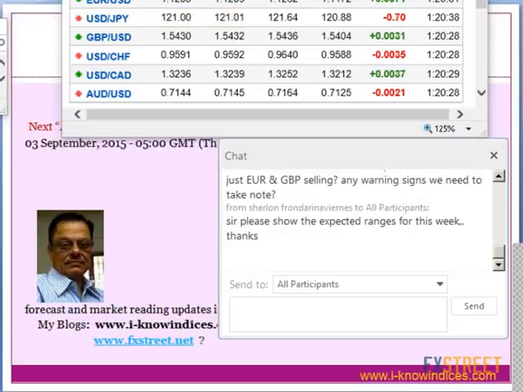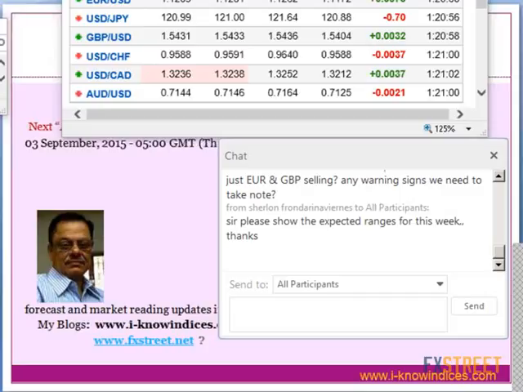Just Euro and GBP is selling, and are there any warning signs we need to take note of? As far as the trend reversal time is concerned, month end and the new month beginning are known to make sudden whips or moves.